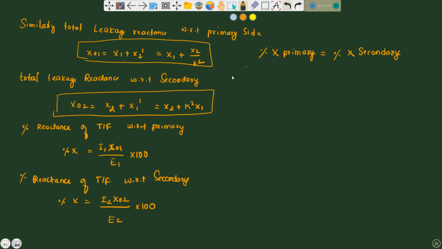Okay, so now we are going to see the equivalent circuit of a transformer, that is the exact equivalent circuit.